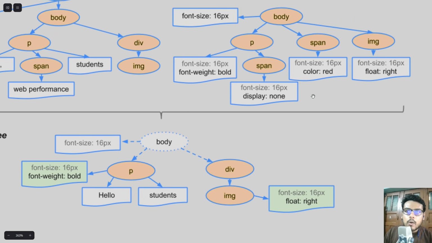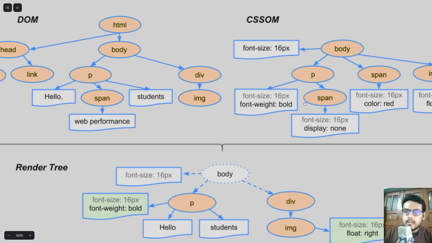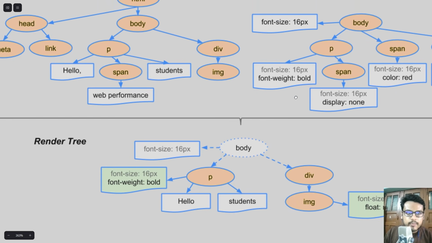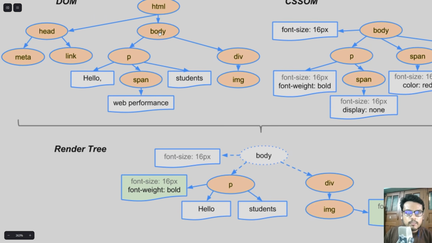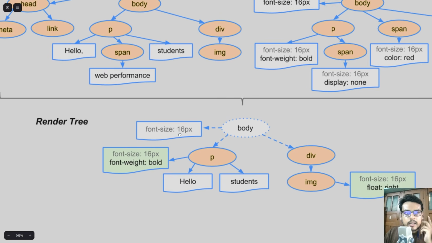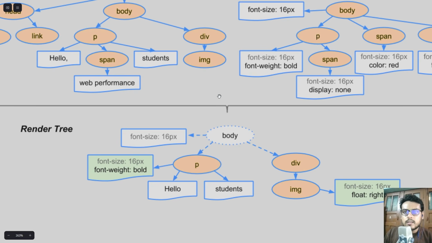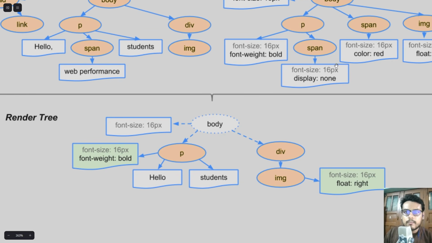And you can see that this span tag is not present over here. Why? Because it was empty. I think it was empty, but did they remove it? Body, p, hello, span... I think it was a mistake in the diagram, so span should also be present over here. I don't know why they did not.